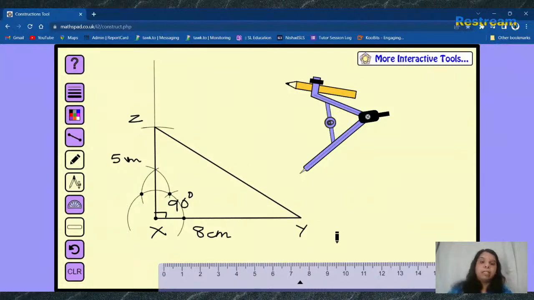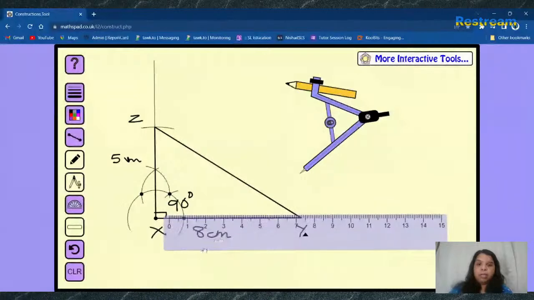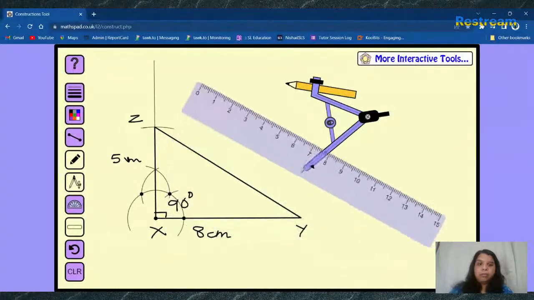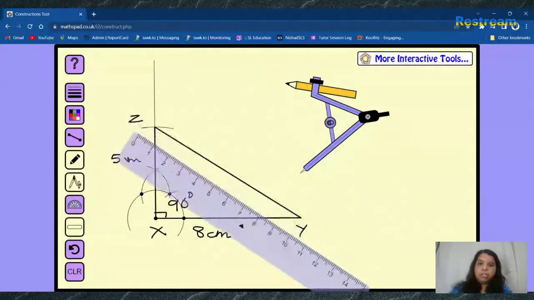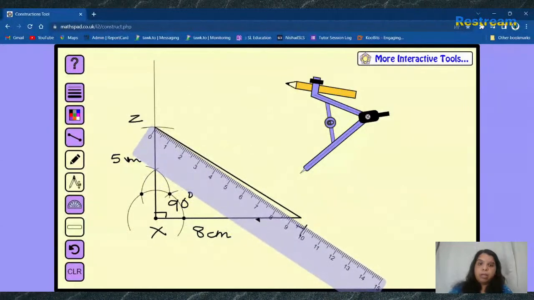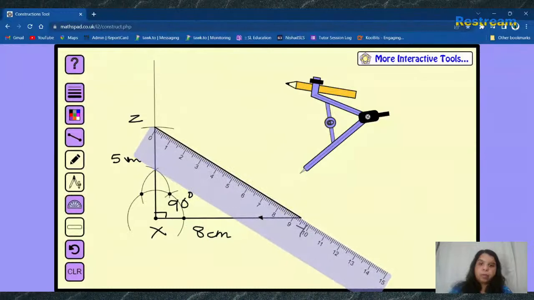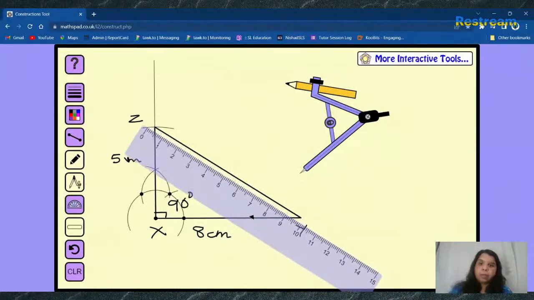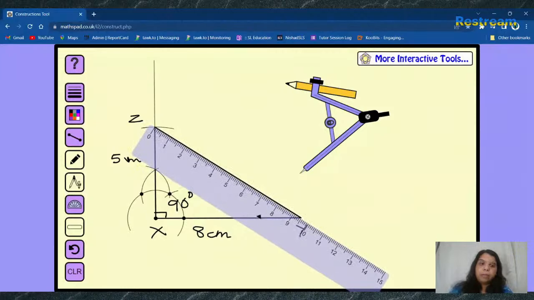And then we have YZ. Now I have to take my scale and turn it like this to measure YZ. Okay. So it is about 9.5 centimeters.